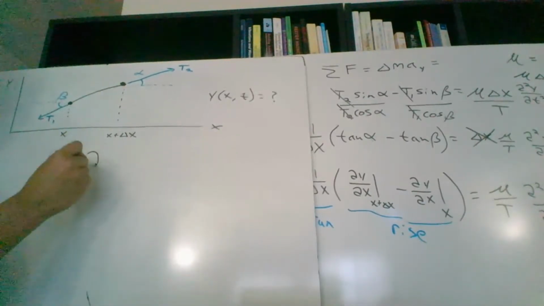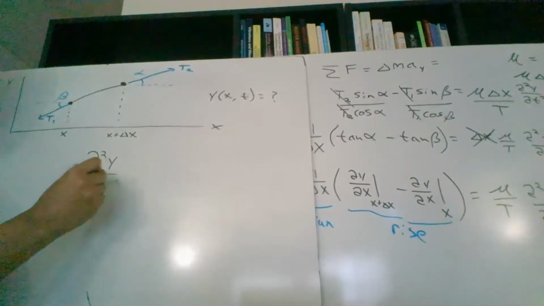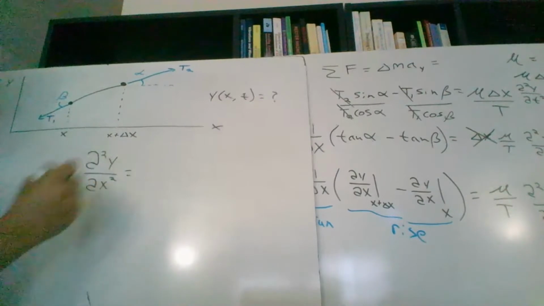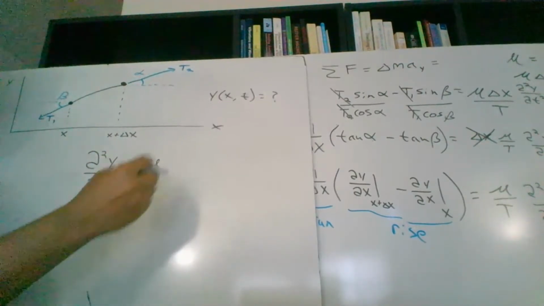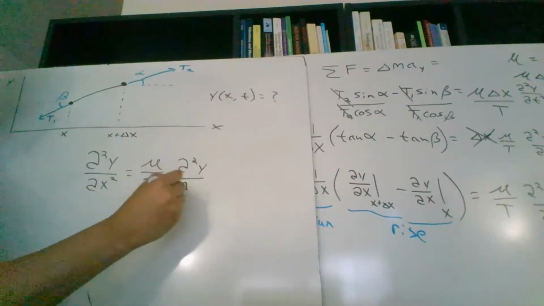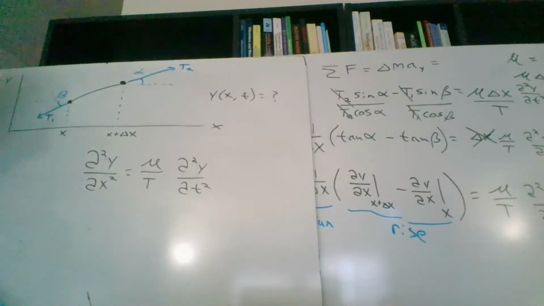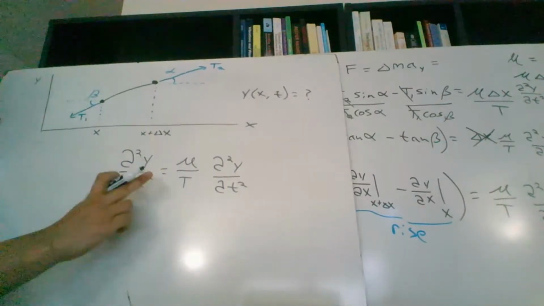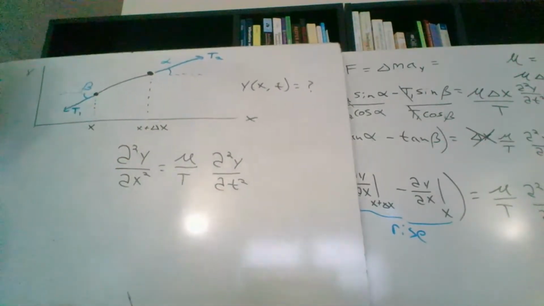D squared y over dx squared is going to equal mu over T times d squared y over dt squared. And we almost have our wave equation that I talked about last time. The only thing that's different is mu over the tension.